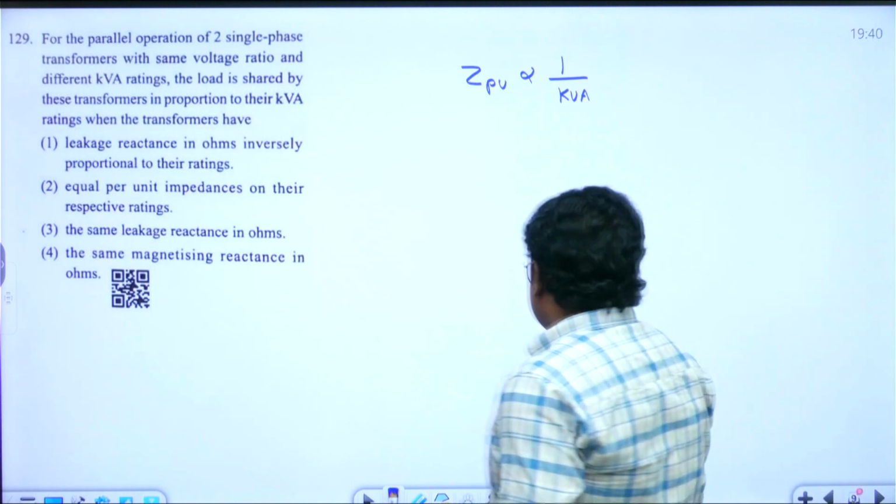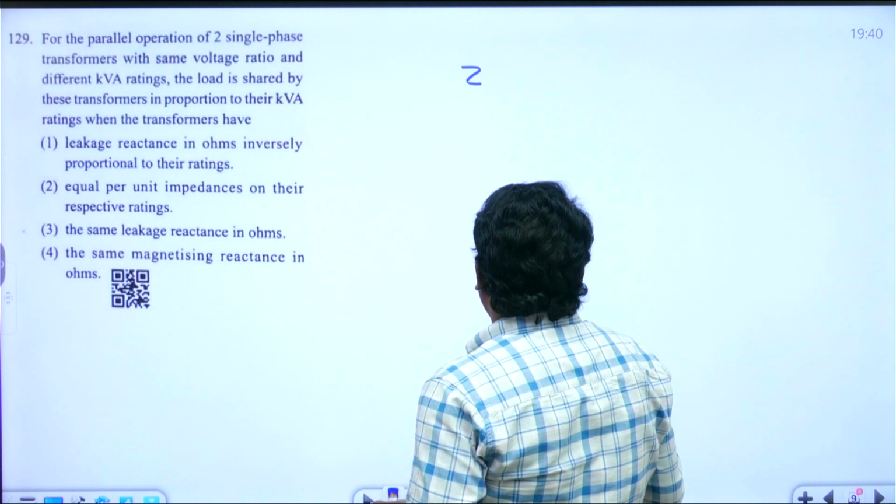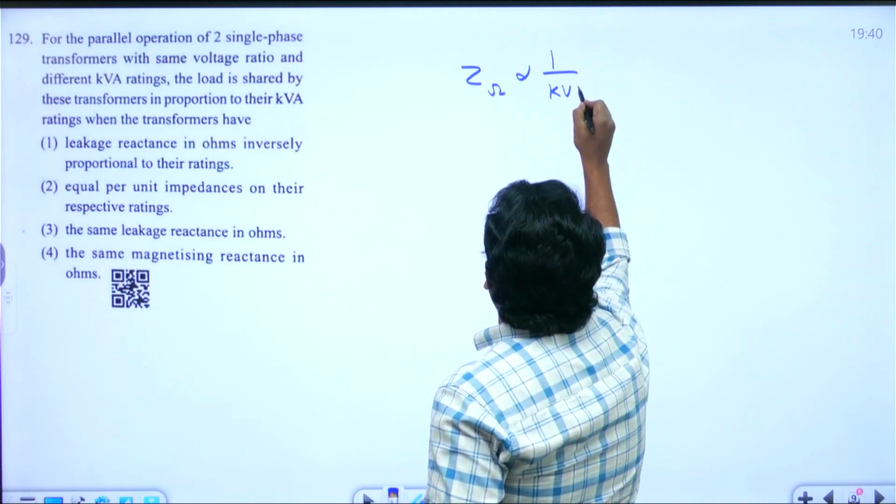So the ohmic impedance of the transformer is inversely proportional to its kVA rating.